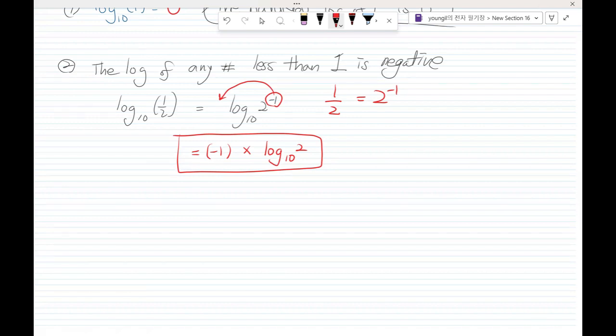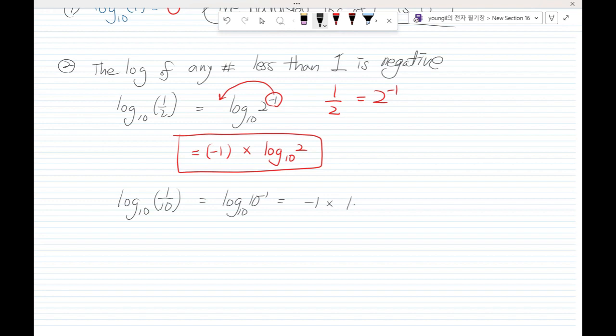All right. Any questions so far? For example, like this one, log base 10 of 1/10 is log base 10 of 10 to the minus 1.